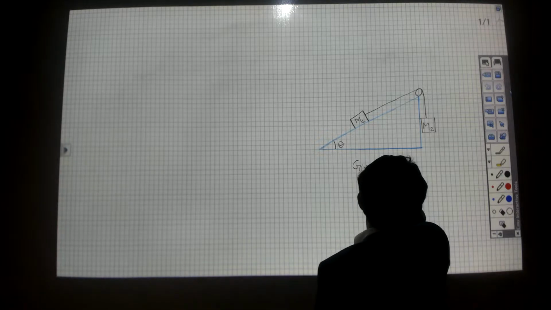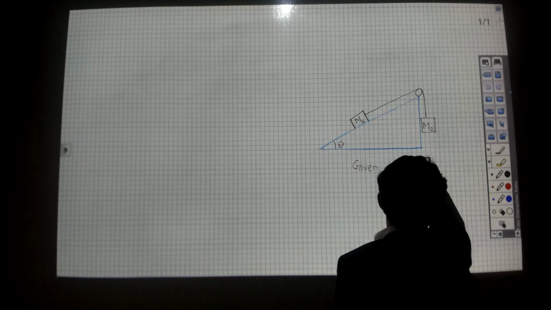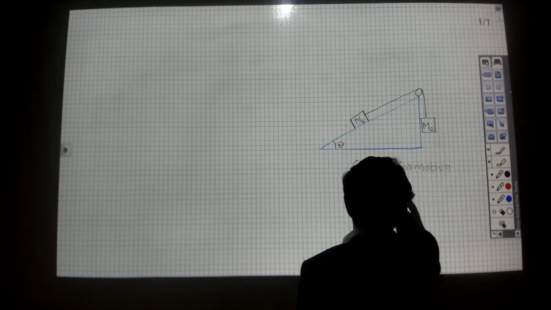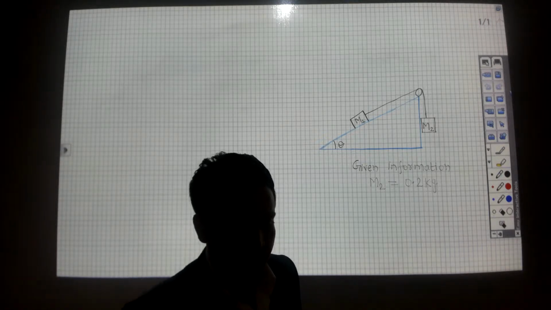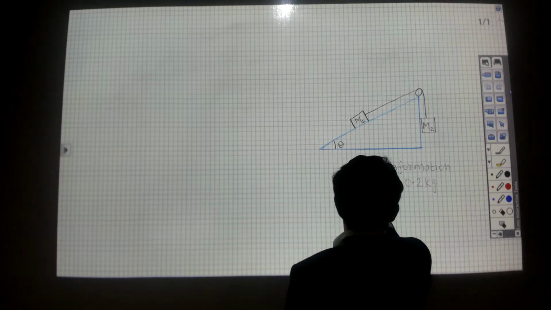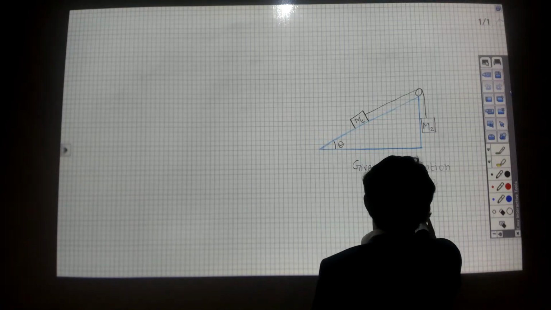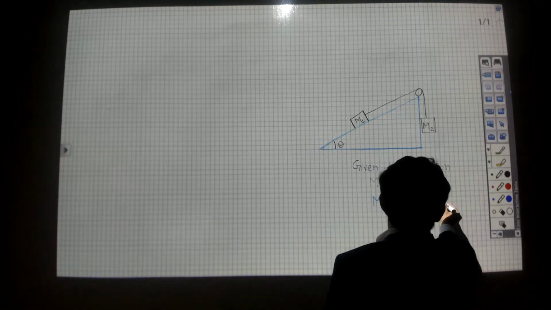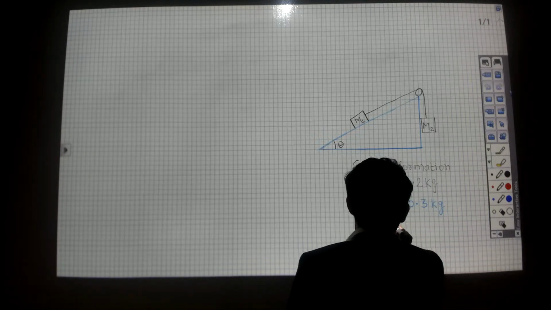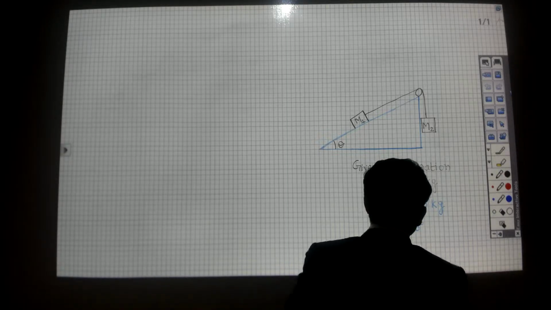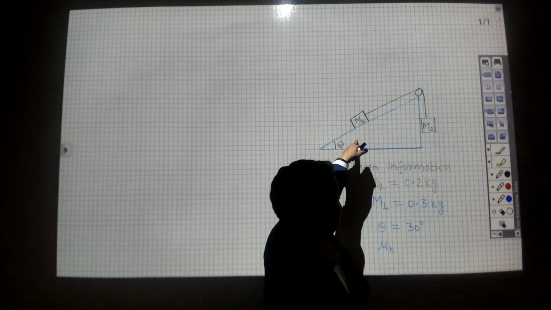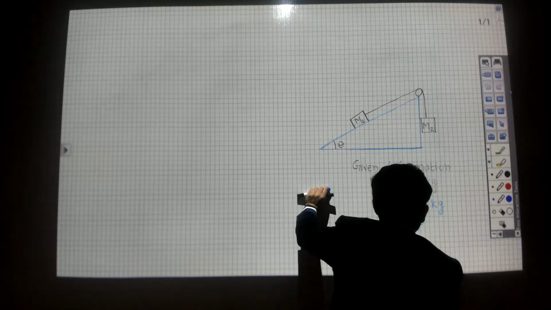Given information. M2 is 0.2 kilogram. M1 is 0.3 kilogram. The angle theta is 30 degrees. And mu K is the coefficient of kinetic friction between these two surfaces, and this value is 0.1.